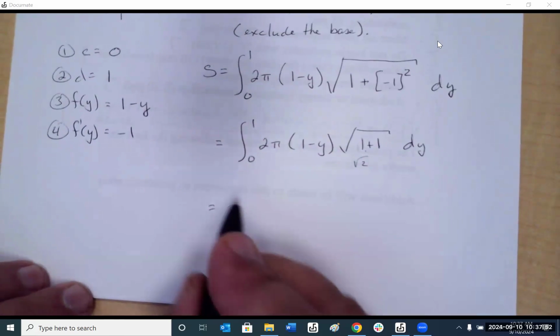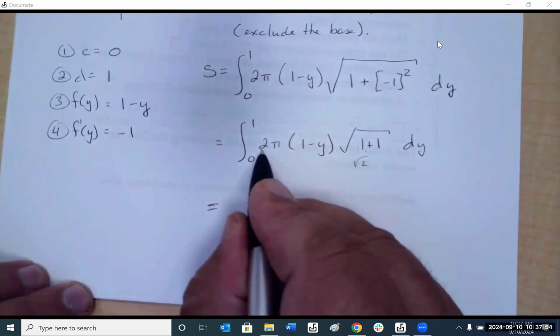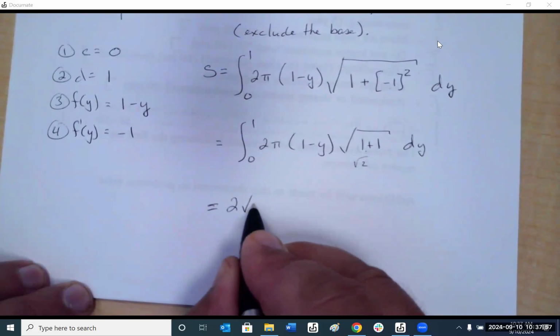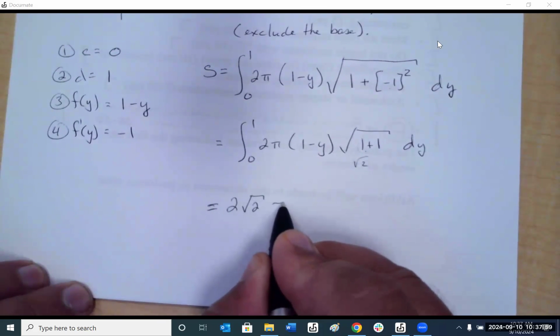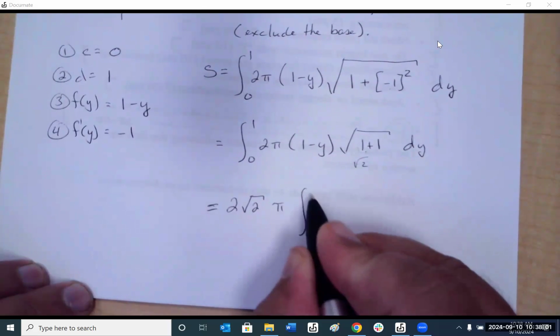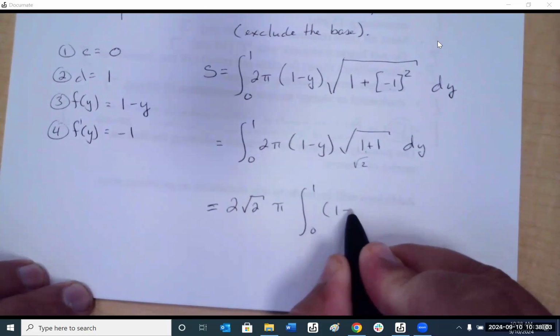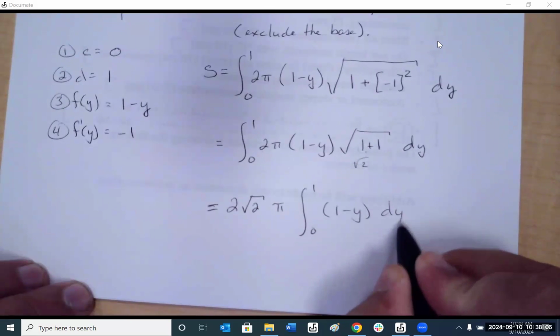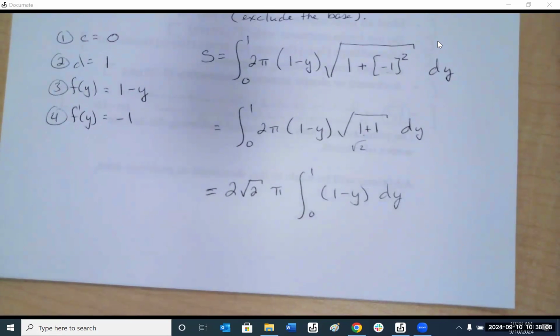Our constants can go out in front. 2 square root of 2 pi, the integral of 0 to 1, 1 minus y dy. Why does 1 minus y have to stay together? Why can't I take out the 1? Can I? No, this equation has to stay together.